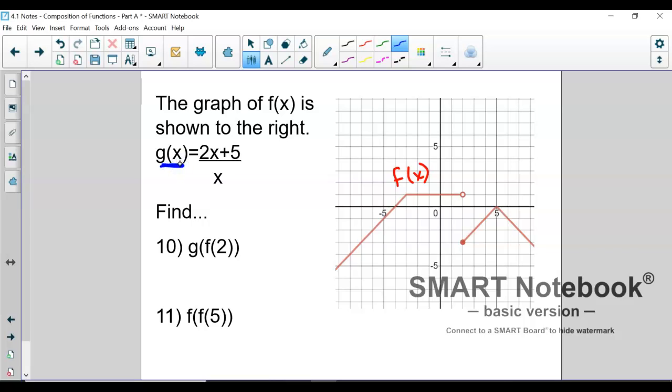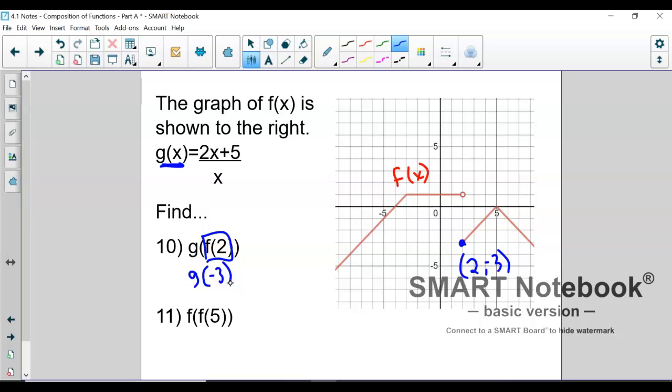So the first thing we need to do on this is find f of 2. This also gave you one where it's a little bit tricky because right here at 2, you've got two different points, but you're going to use the one that's colored in. So the coordinates of that point right there are 2, negative 3. And so that means we're finding g of negative 3.